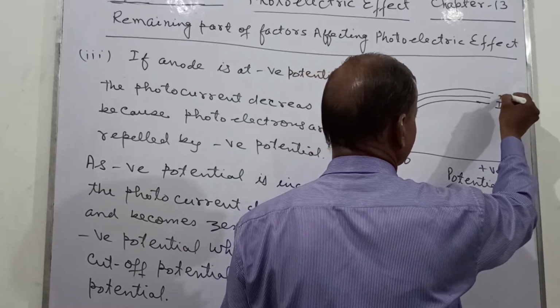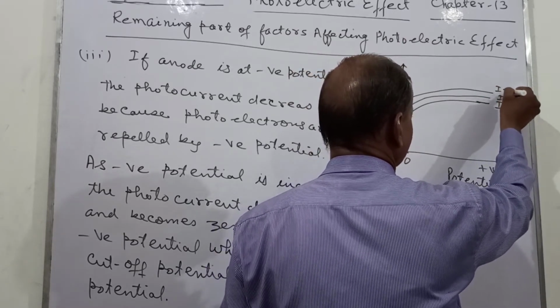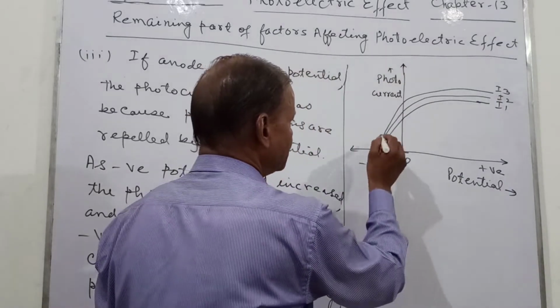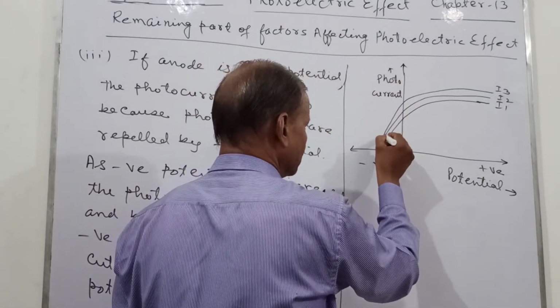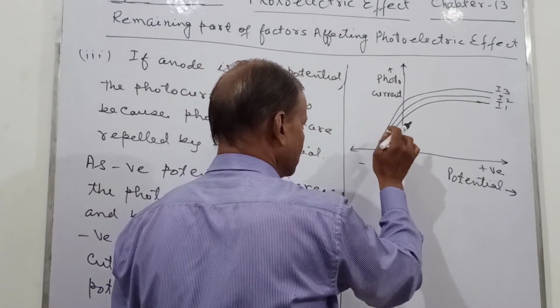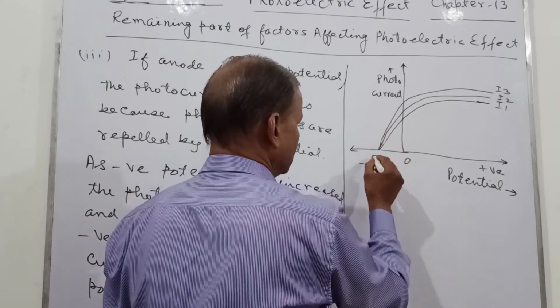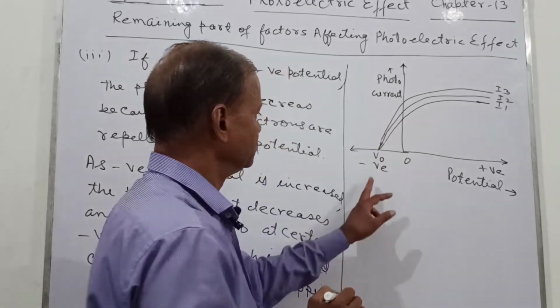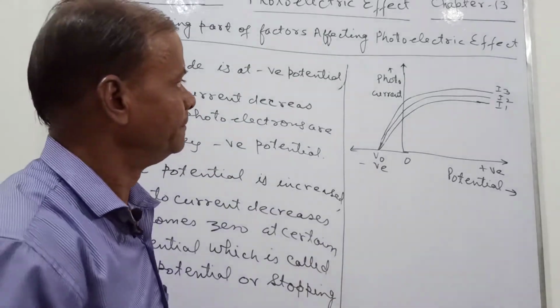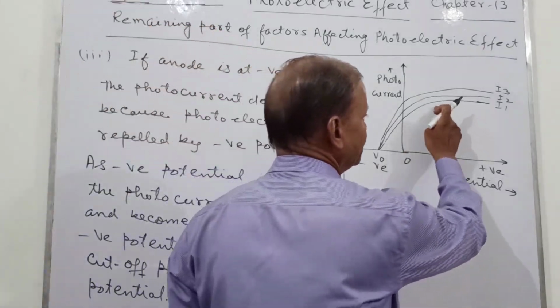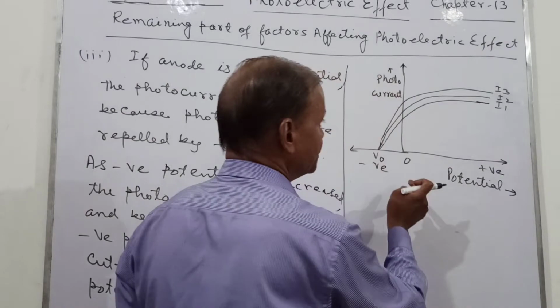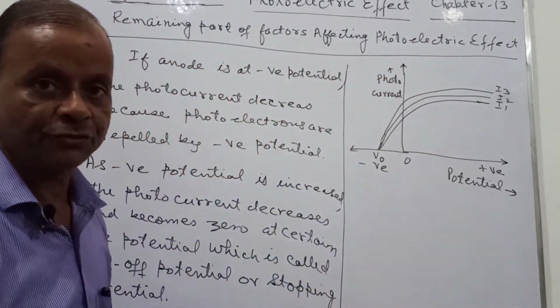This is now I2. This is now I3. This is the cutoff voltage V0. This is the saturated current. When this graph becomes parallel to the potential axis, it means that current is saturated.